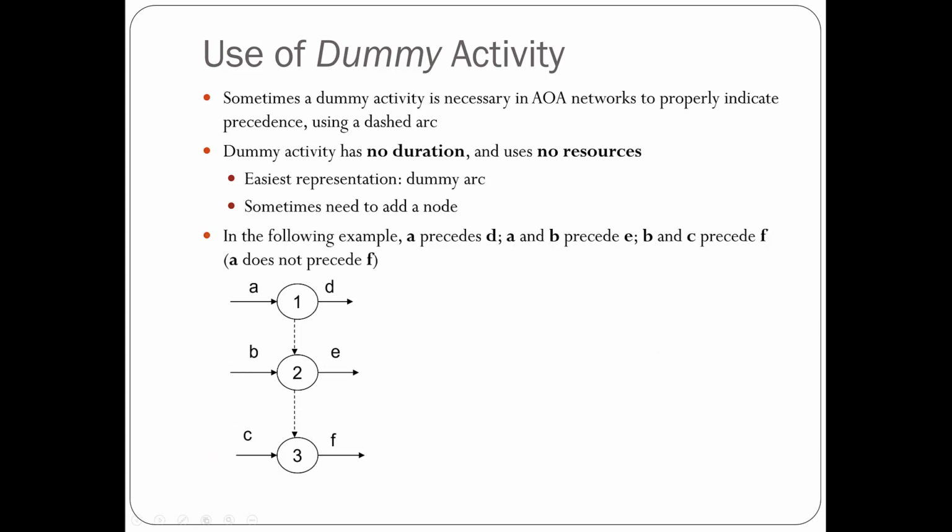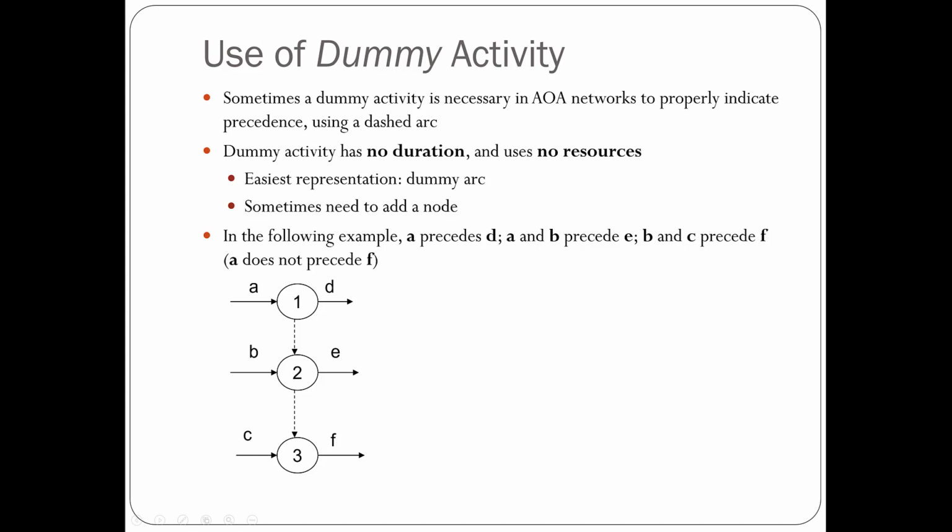In this following example, A precedes D, A and B precede E, B and C precede F, but A does not precede F. See if this is a correct representation of this relationship. So let's look at the first one. A precedes D. That's correct, right?